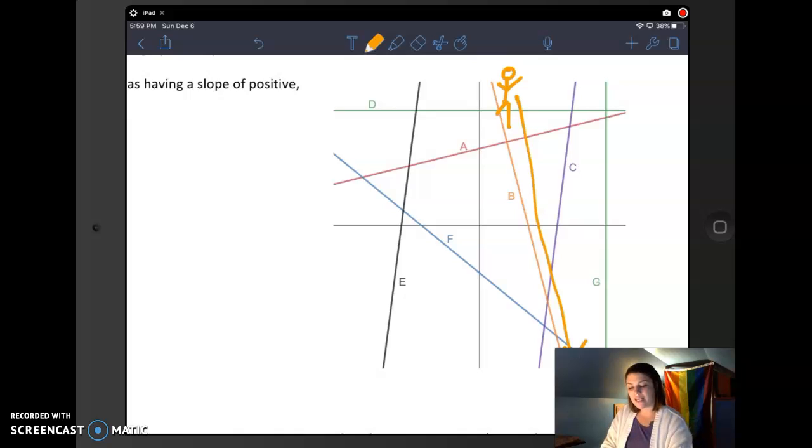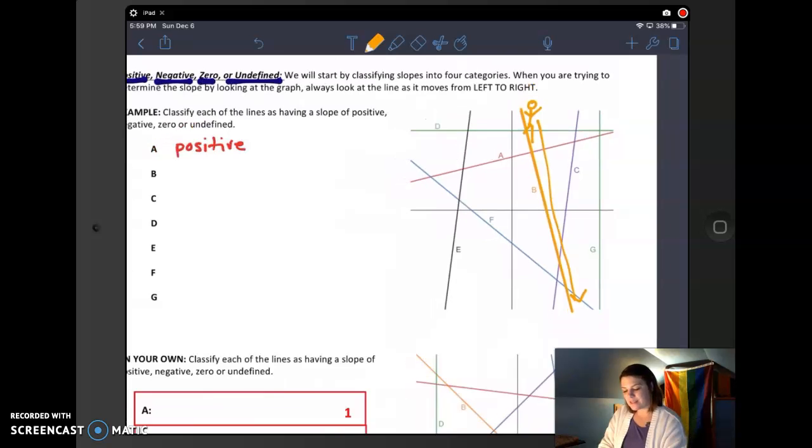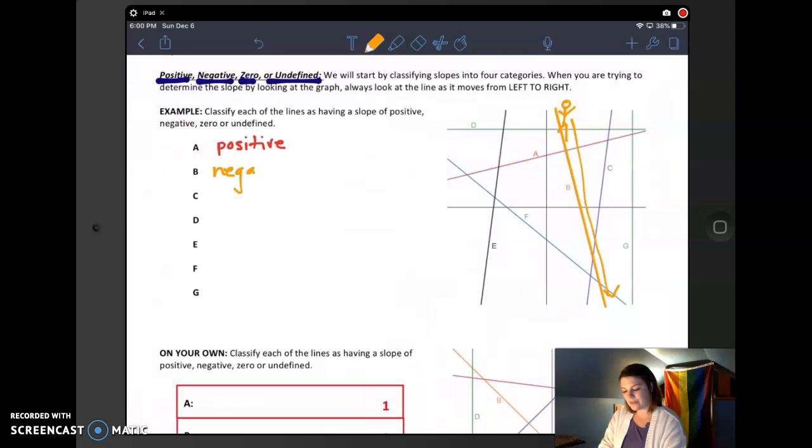Again, another way to look at it is you start as left as you can and you trace the line and you realize that your line is going downhill, and so that is a negative slope. And that's a big negative slope because it is very steep. The more steep, the bigger the number.